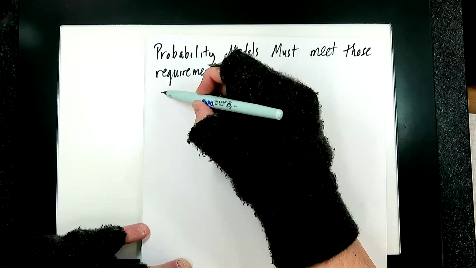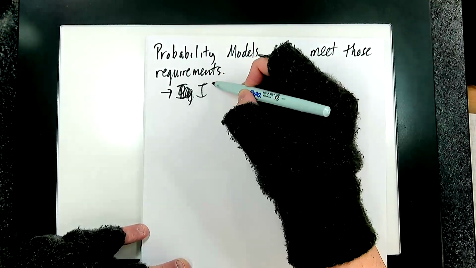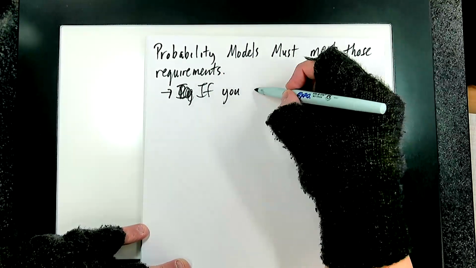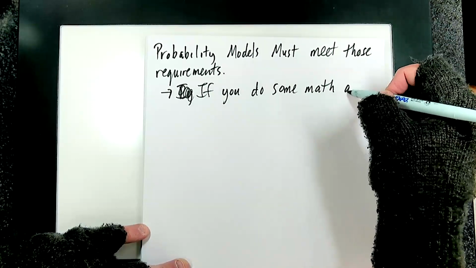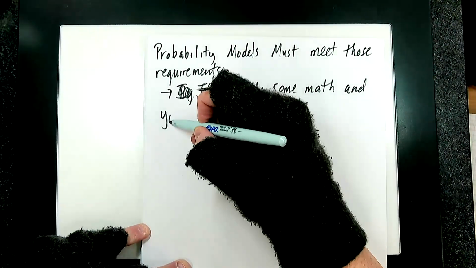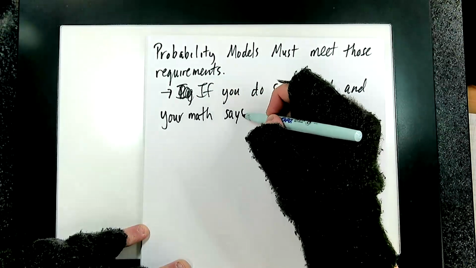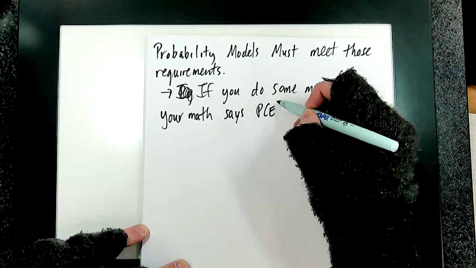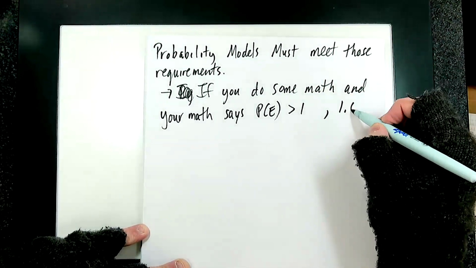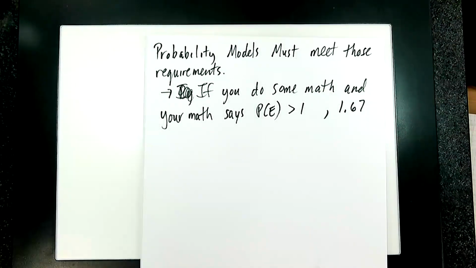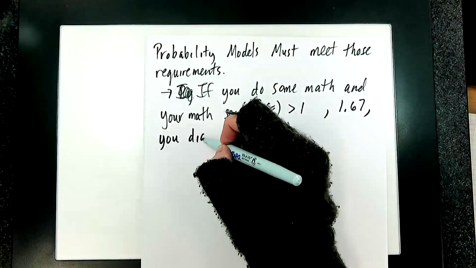Which kind of tells you, if you do some math and your math says the probability of an event is greater than 1, like 1.67, you did something wrong.